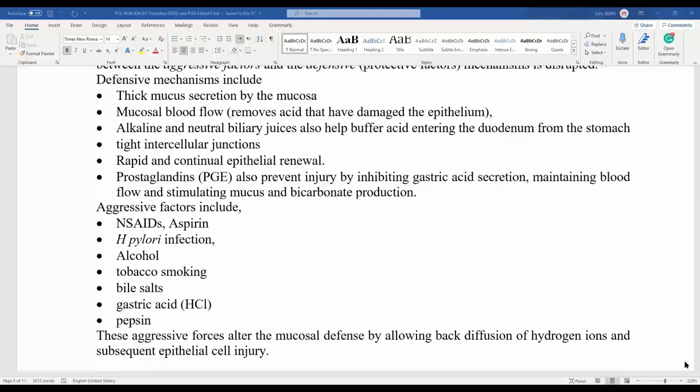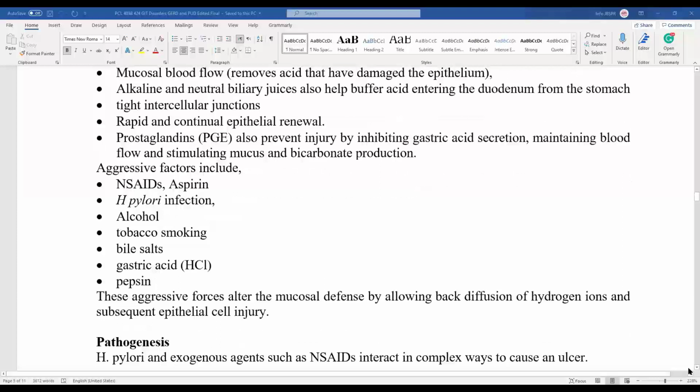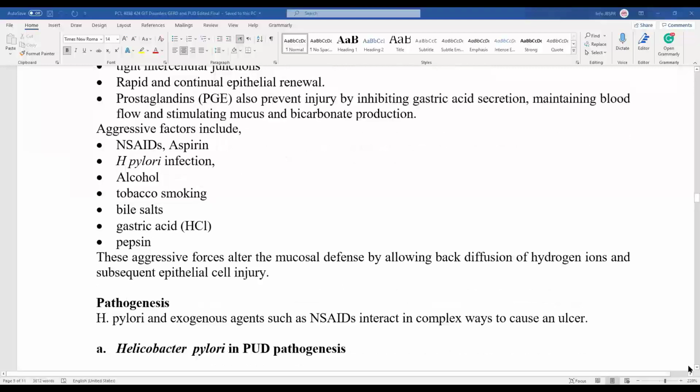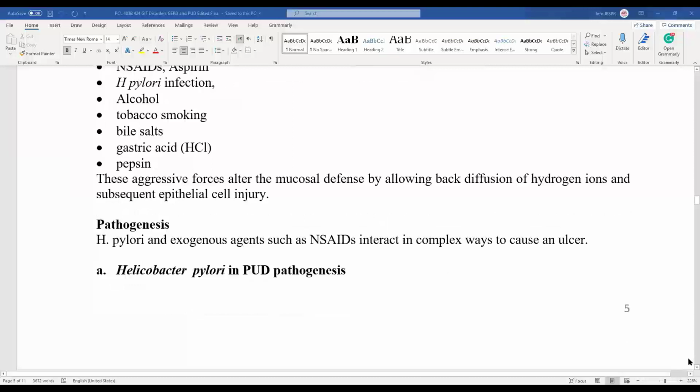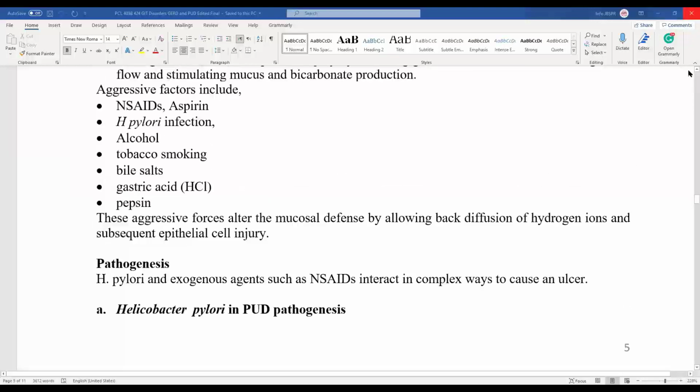So you can see if these aggressive factors suppress the defensive mechanism or protective factors, then peptic ulcer can come up, like I said, because these aggressive forces alter the mucosal defense mechanism. Now we have mentioned some of these aggressive factors, the NSAIDs, the H. pylori infection.